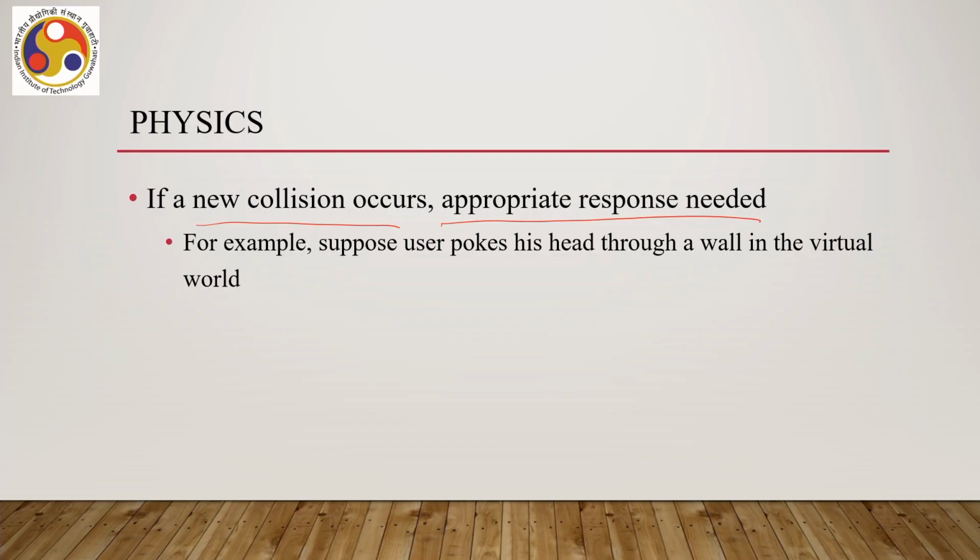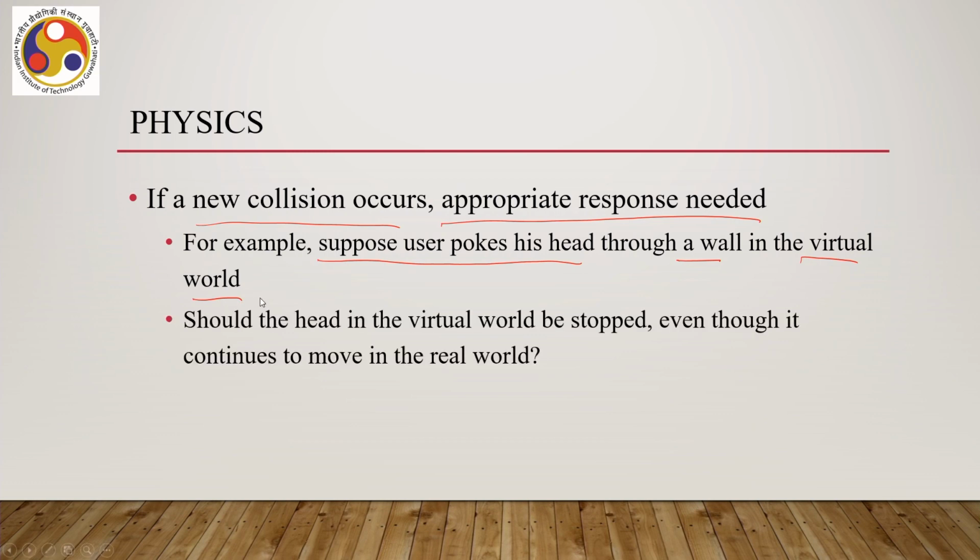For example, suppose the user pokes his head through a wall in the virtual world. Now, the question is, should the head in the virtual world be stopped even though it continues to move in the real world?